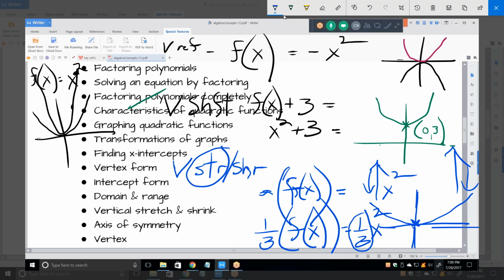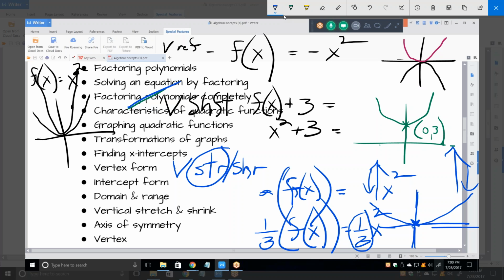Remember, the reflection did not. The reflection just takes the original parabola, reflects it over the x-axis, and you get basically the same thing, only upside down. A vertical shift does not change the shape. It takes the original parabola, just moves it up or down.